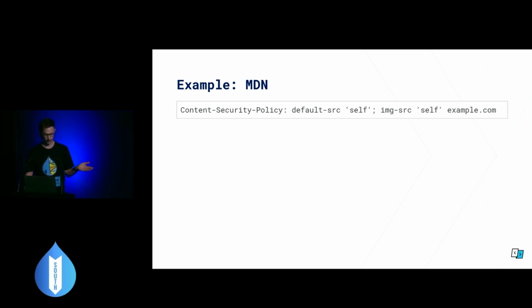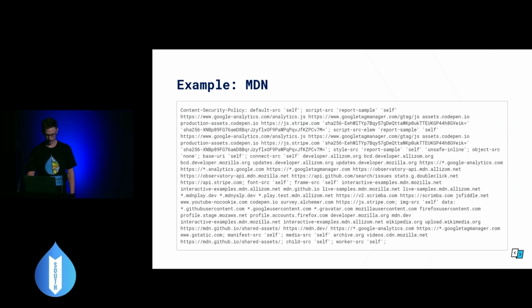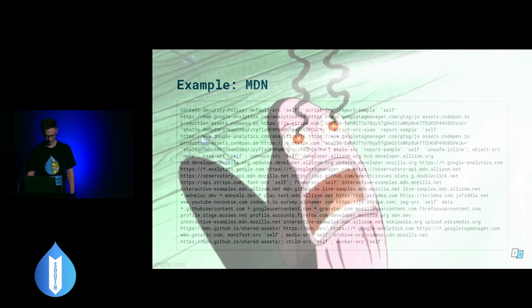By default, we only allow content from self, which is the current domain that we're serving the content from. Except for images, we also allow them from example.com. But I thought I'd take a sticky beak and have a look at the policy that MDN is actually using. Expectations and reality don't really align. So it kind of makes me feel a bit more like this.